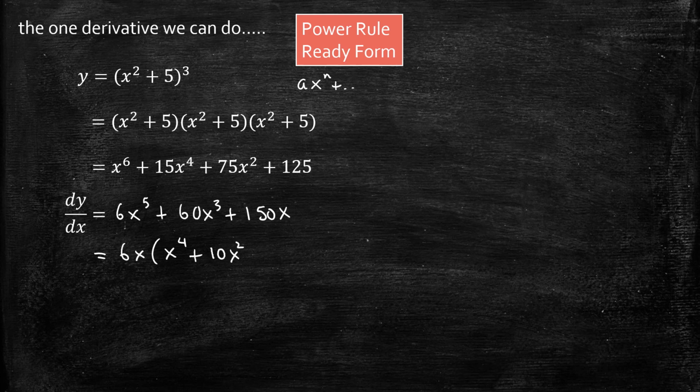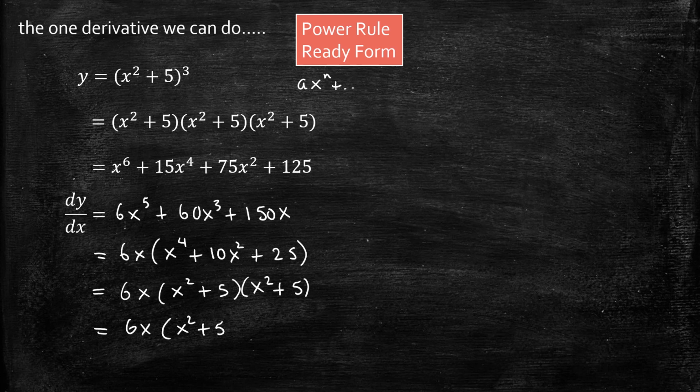Sorry, there was 150x there. I left that behind. And so if I factor out 6x from there, I get 25. And that's 6x, let's factor this. x squared plus 5 times x squared plus 5 should work, which is 6x times x squared plus 5 squared.